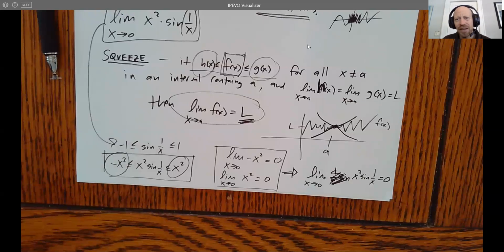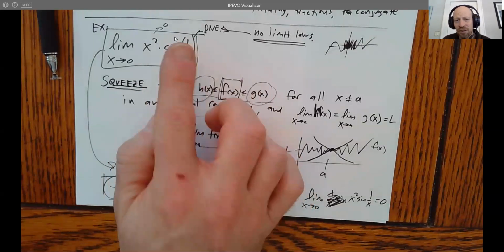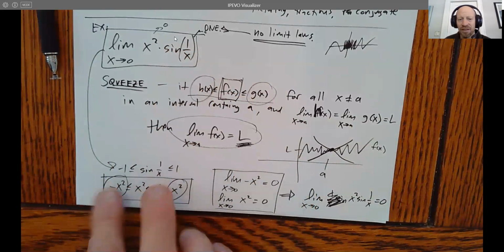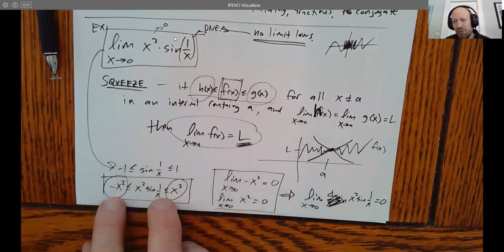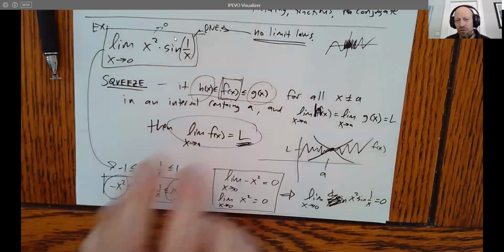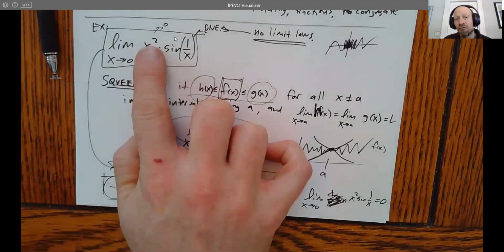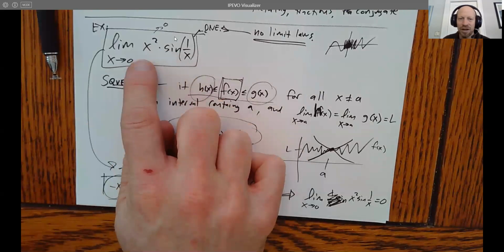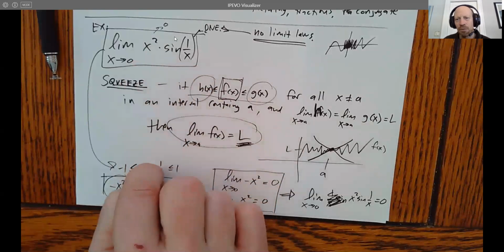Like I was saying, I can't just make up some kind of crazy function like this and expect that you guys are going to be able to come up with these sort of bounding functions. Now, once you've seen this, I could give you a really similar type of limit and expect that you could kind of duplicate that strategy. X to the 4th times sine of 1 over x, or x squared times cosine of 1 over x, right? Those are basically the same problems.